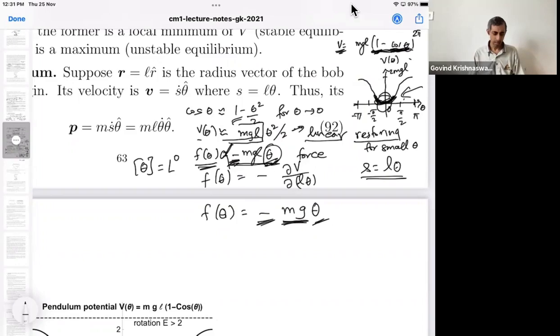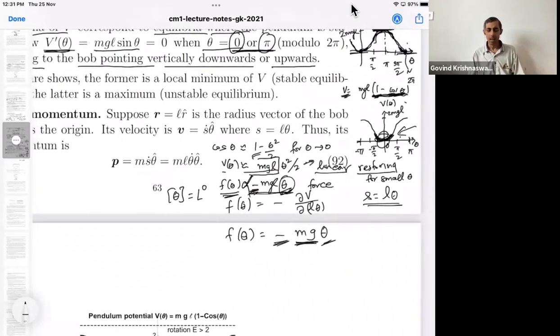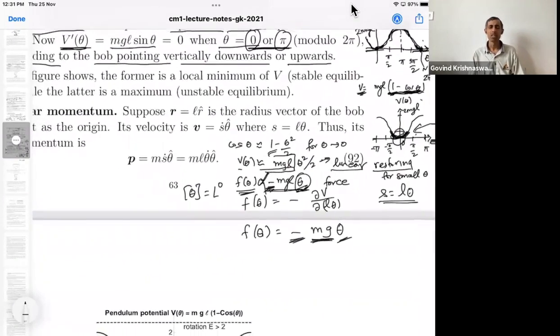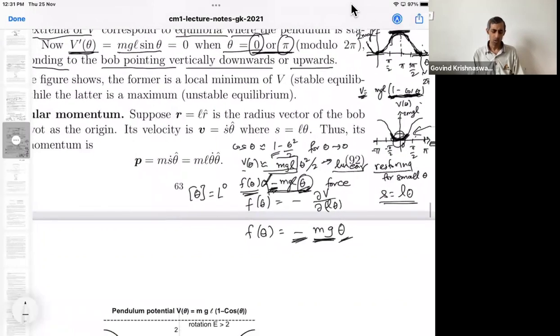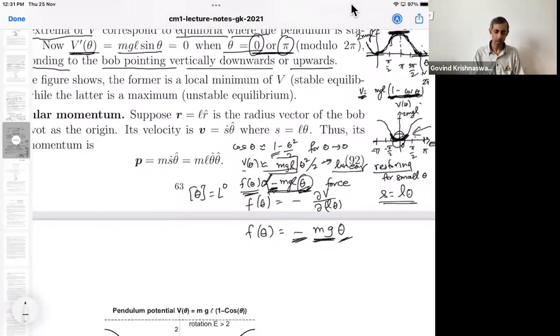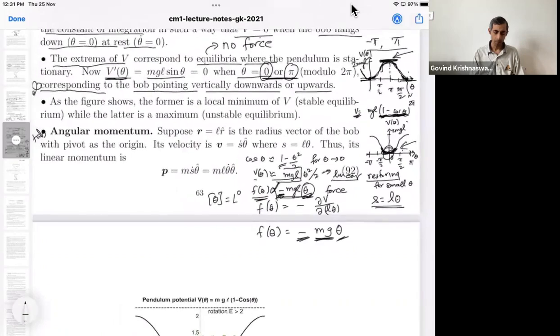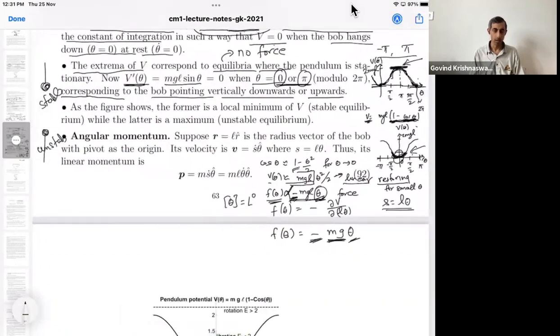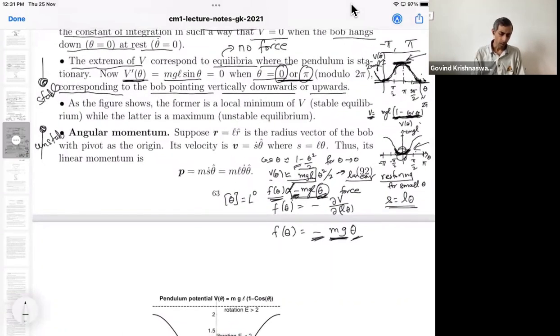But clearly the system likes angular variables. So let us move towards angular variables where many discussions are more convenient. And that is what we will do right now. Let us talk about angular momentum. So let us define the angular momentum of this bob.